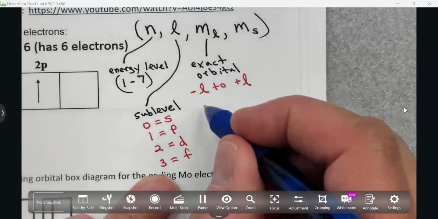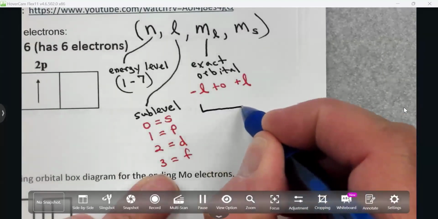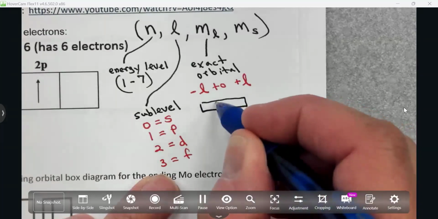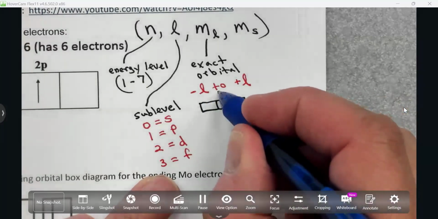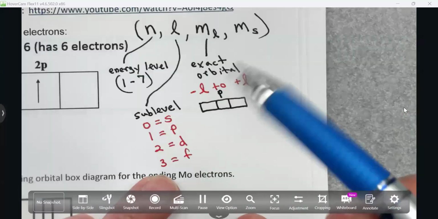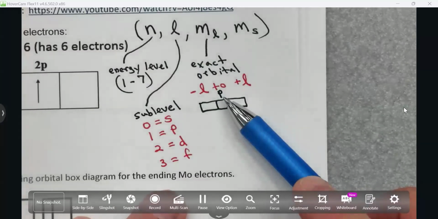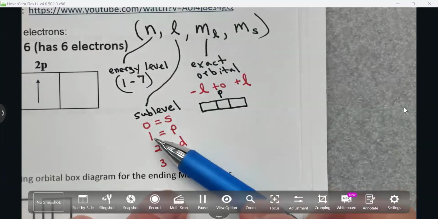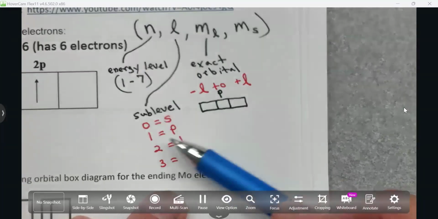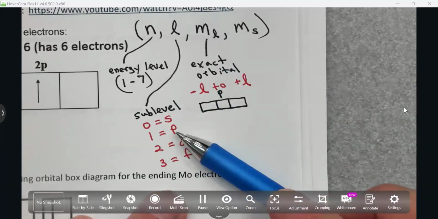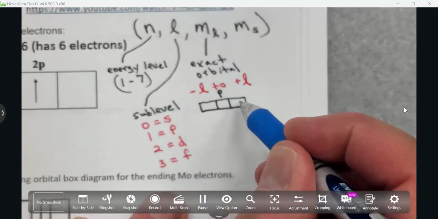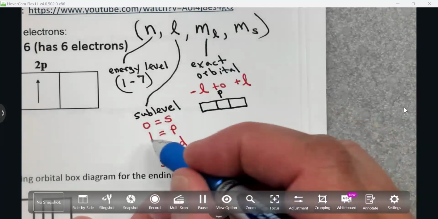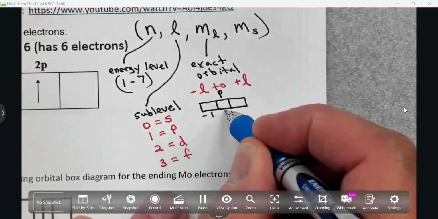If this is my P, my previous number is a 1, correct? That's just locked in. If I'm in a P, my second number is going to be a 1. To tell which exact orbital it's in, it goes from -1 to +1.